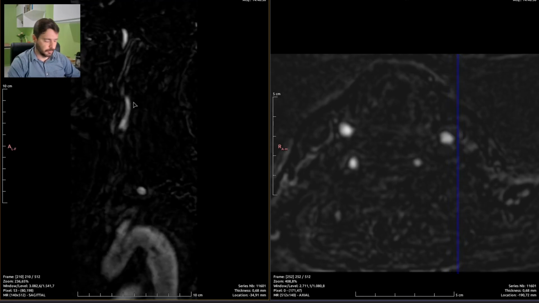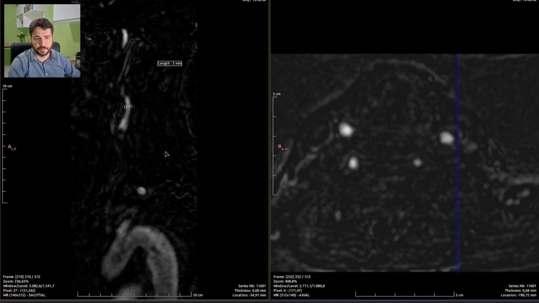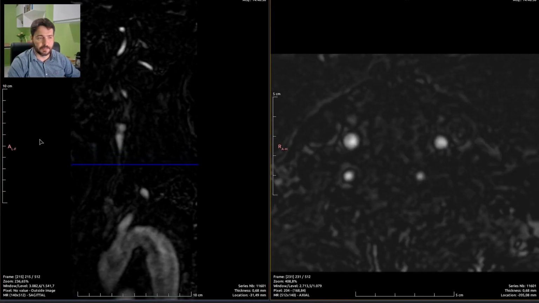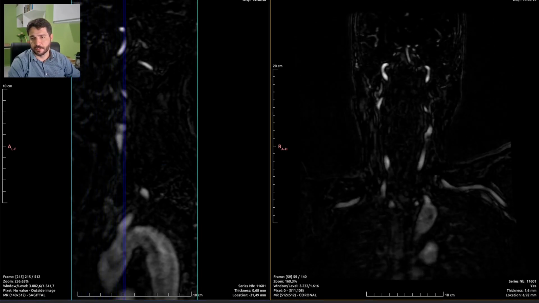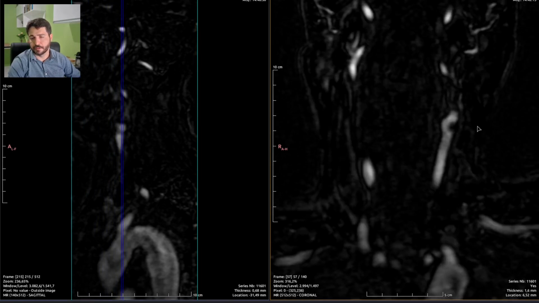the distal carotid artery on the sagittal view. It's 5 millimeters, and we can measure the stenosis. The stenosis is really tough, really difficult to measure on this view, so I'm going to try to measure it on the coronal view. This is where the stenosis really shows itself, so it's 5.